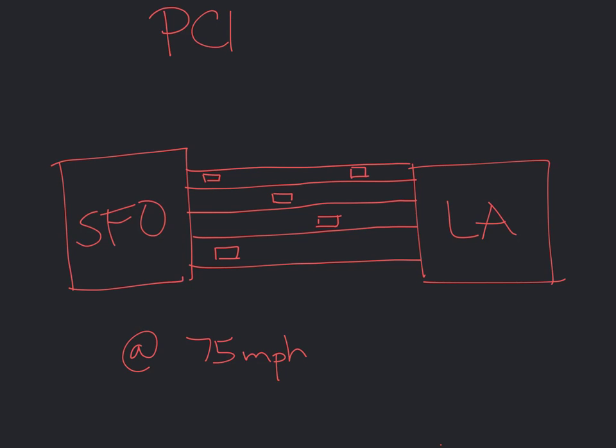At this rate, 75,000 people can travel at this speed. Okay, let's say that 1 million people wanted to cross from SFO to LA.